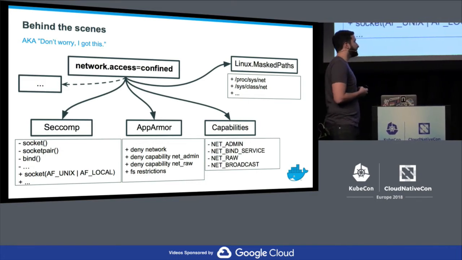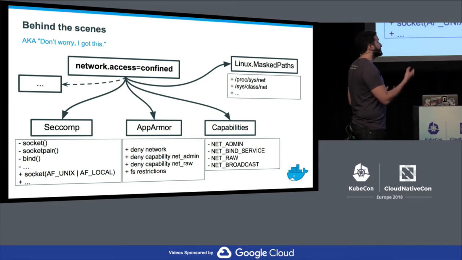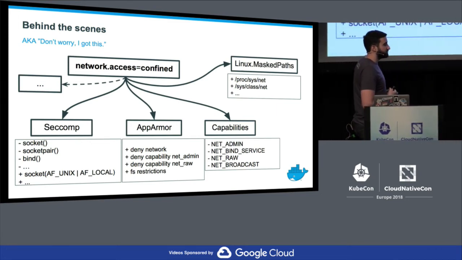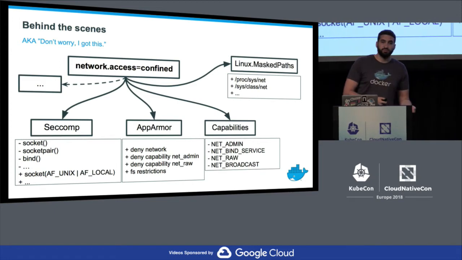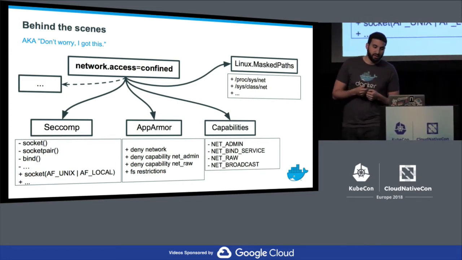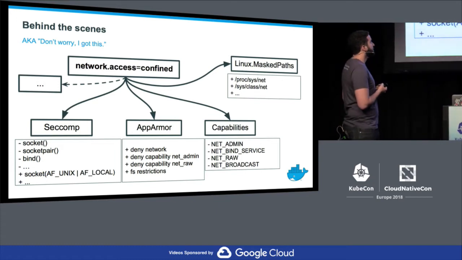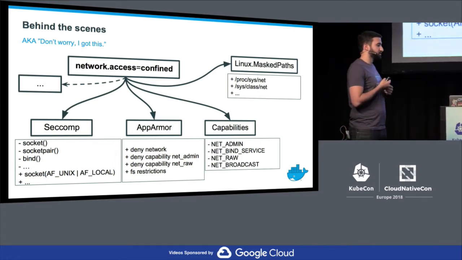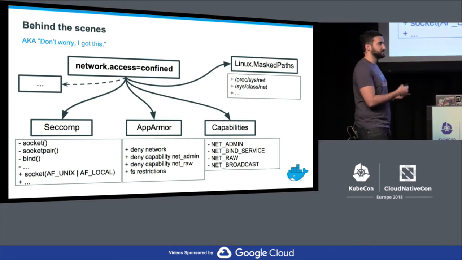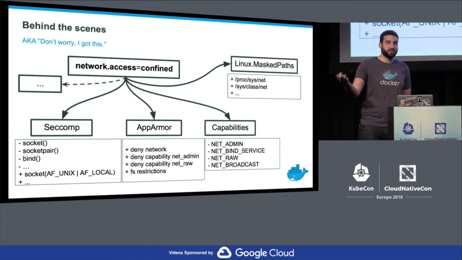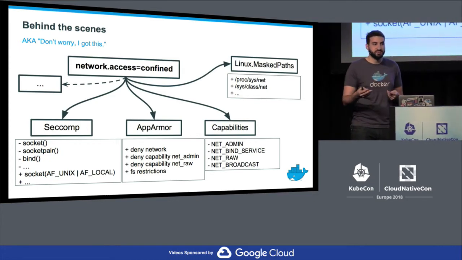So behind the scene, when a user says, "Hey, I want my container or pod to be completely confined," it makes more sense for a container to enforce at the second level, which is a syscall firewall, basically.